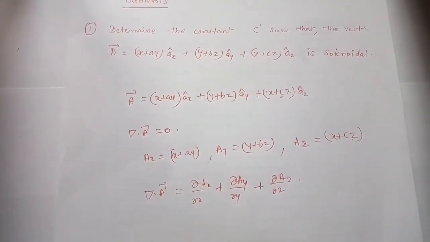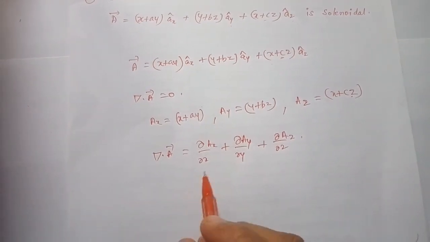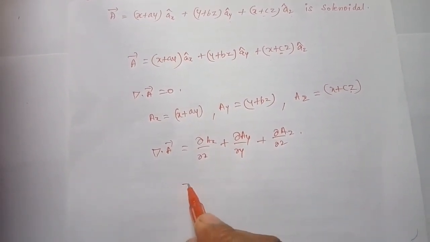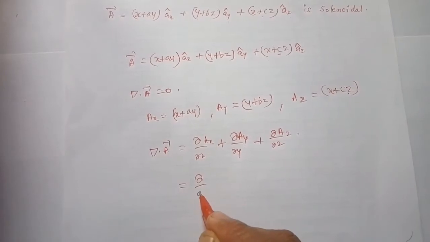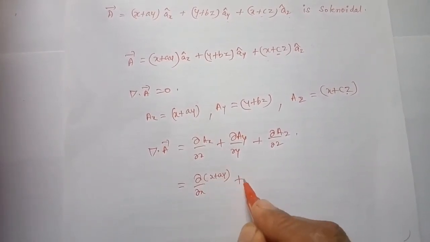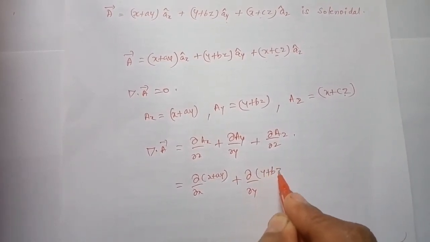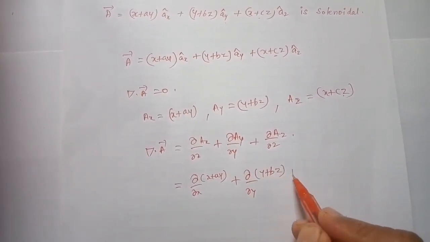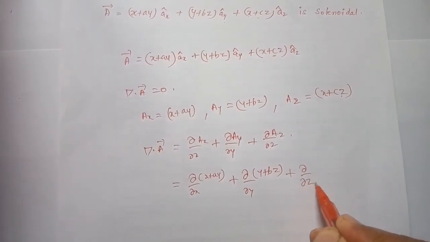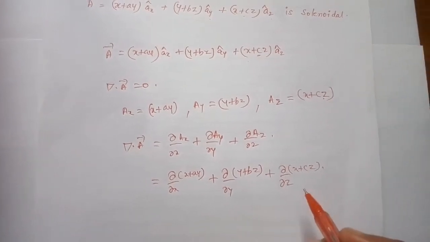Let us substitute the x, y and z components: dou by dou x of (x + ay) plus dou by dou y of (y + bz) plus dou by dou z of (x + cz).